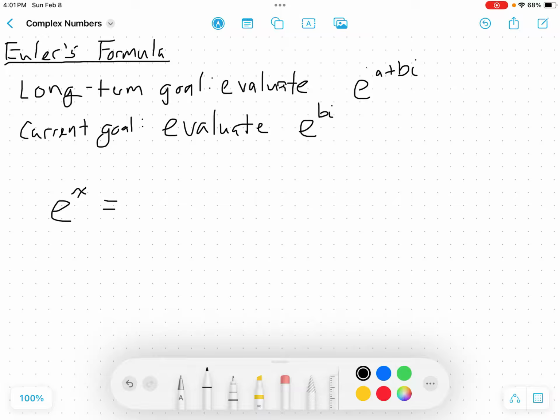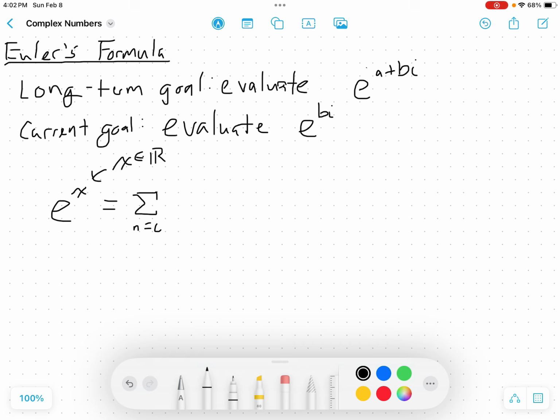Specifically, I am referring to power series. We know that, if x is some real number, there is a Taylor series that converges to e to the x. Might as well go with the Taylor series centered at 0, the Maclaurin series.